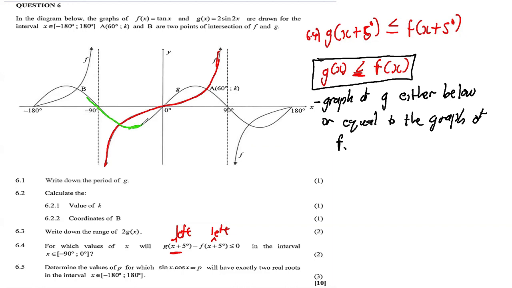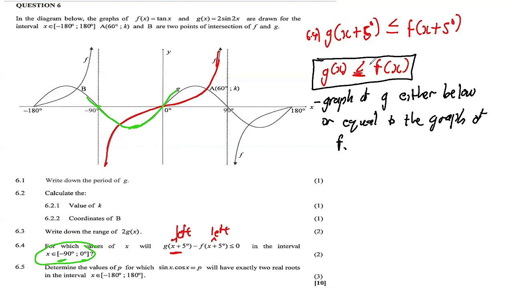I'm not going to do everything because remember, our interval, we are only told to look between negative 90 to 0. So pay attention also to the restriction. Note that it said in the interval, x an element of negative 90 to 0 degrees. So that means we are only looking for solutions in this part here, right?